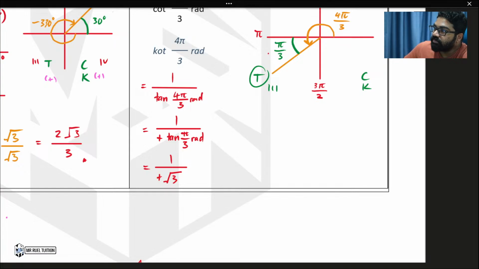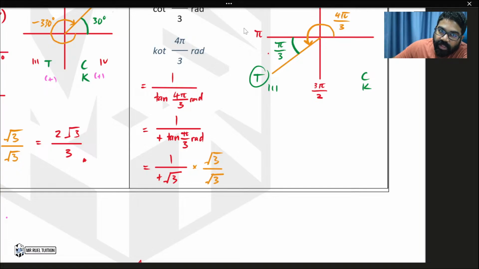Boleh tak kelas? Understand or not? Okay, so again, nisbahkan penyebut. Rationalize the denominator. How to rationalize the denominator? Darab dengan conjugate times set 3 over set 3.